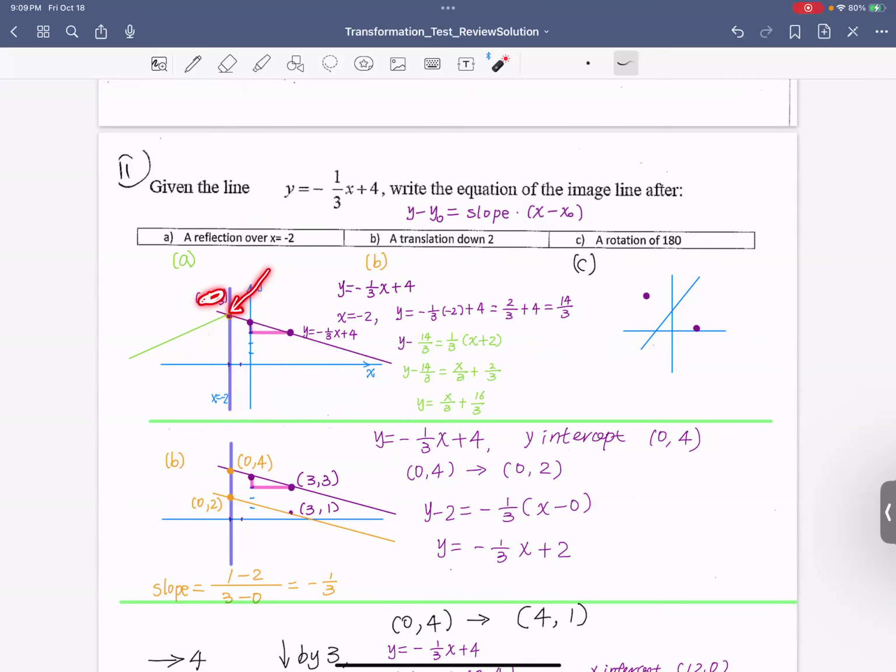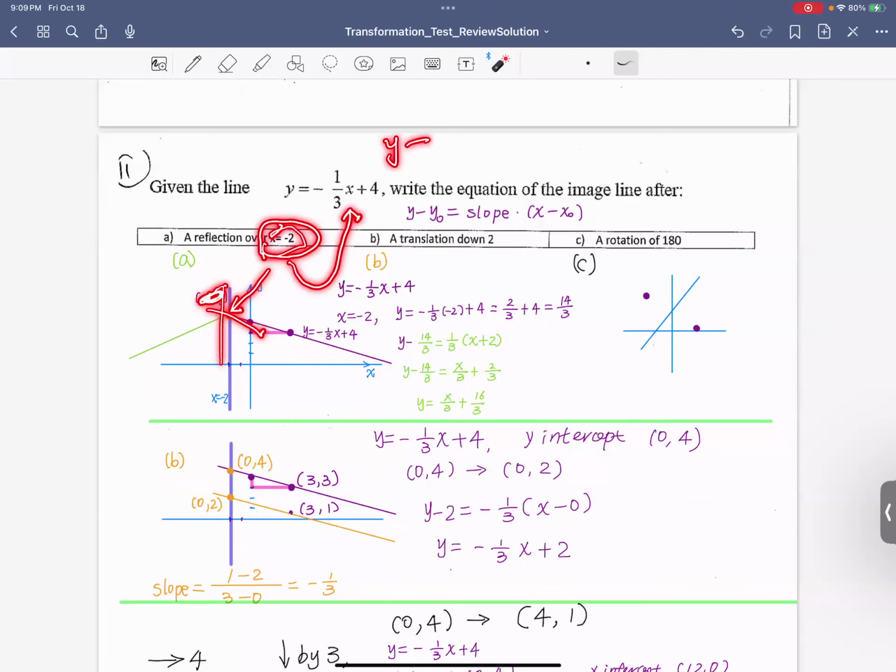You know that the x value of the point is on the line x equals -2. Yes. So you plug in. These two lines cross, so x is -2.